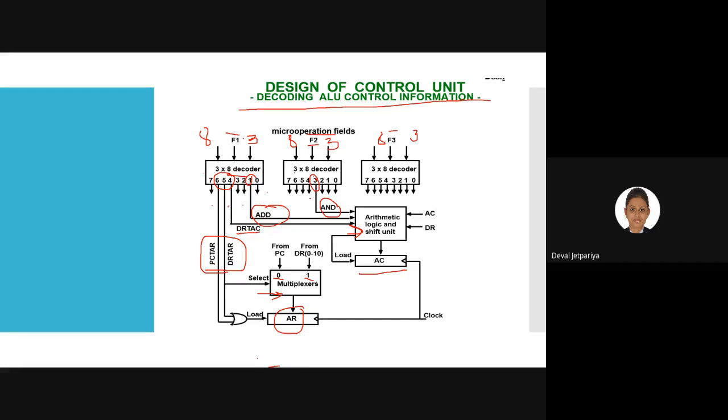So just to reduce this complexity, we are simply using 3, 4 lines. So you people are getting how we are able to generate one basic control unit.